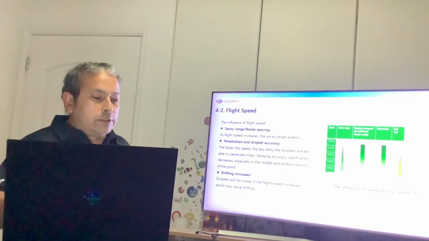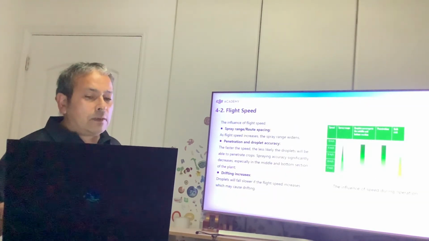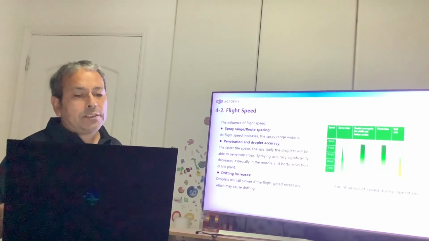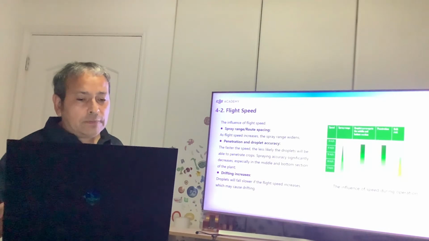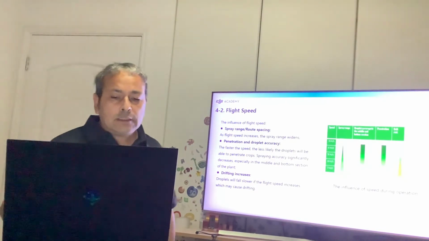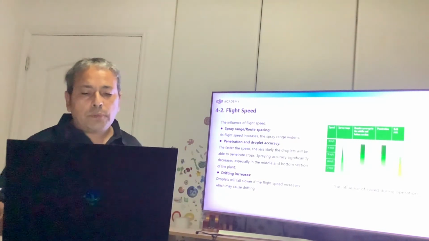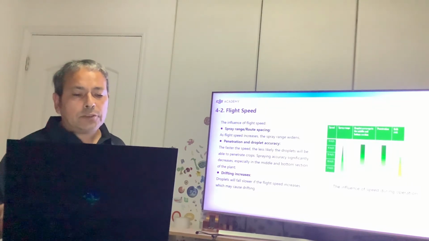So this page is about fly speed, and the fly speed affects the spray range, the droplet coverage, and the penetration and drift.